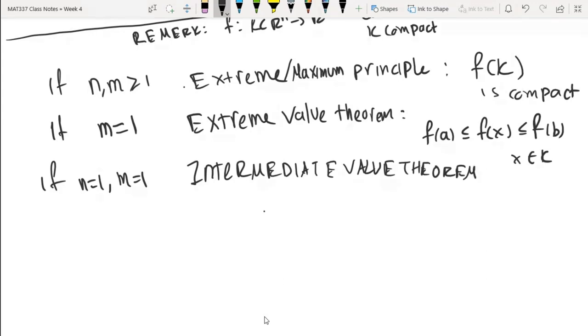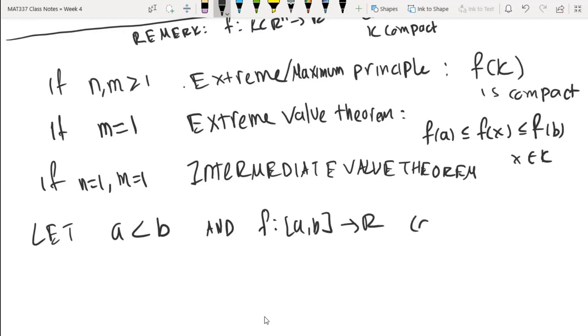Okay, so what is that? Let a be less than b and f a continuous function on that interval. Then you have two things.